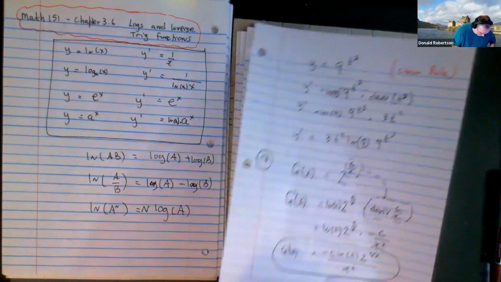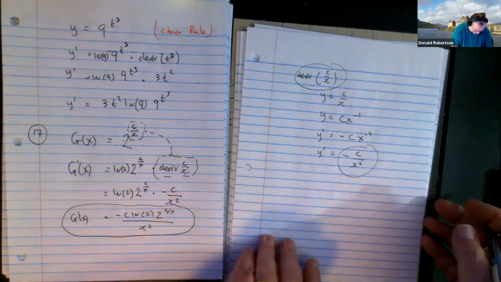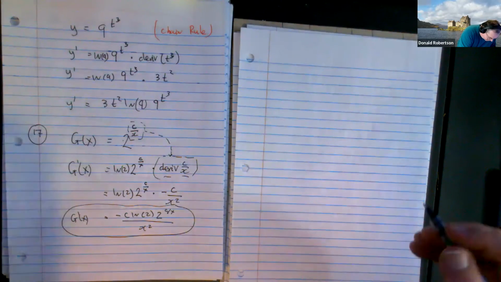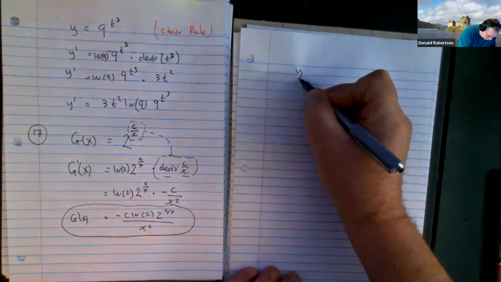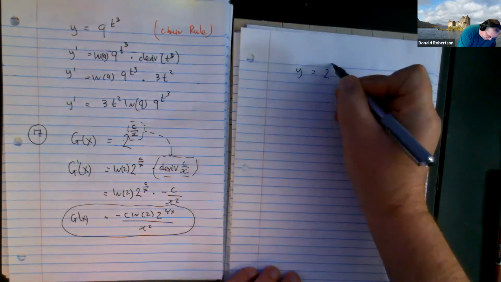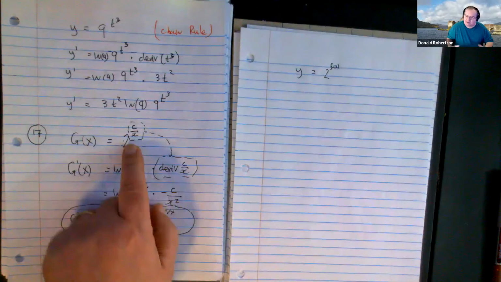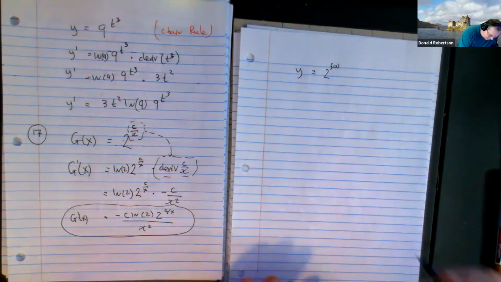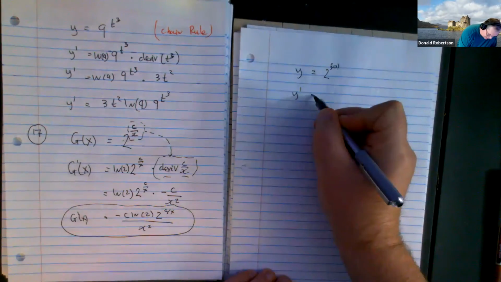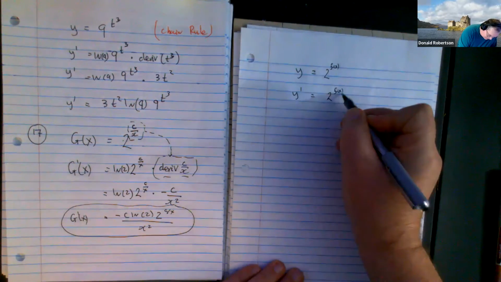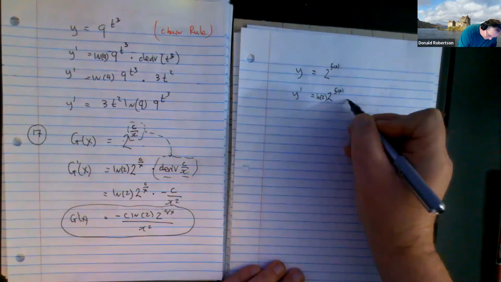So if I generalize this, really generalize it, this would be an example of that. If you were being asked to find 2 to the power of f of x, right? Where f of x might be c over x, it might be sine x, it might be whatever. Your answer would be 2 to the power of something with a log 2 at the front, finishing with the derivative of the something.